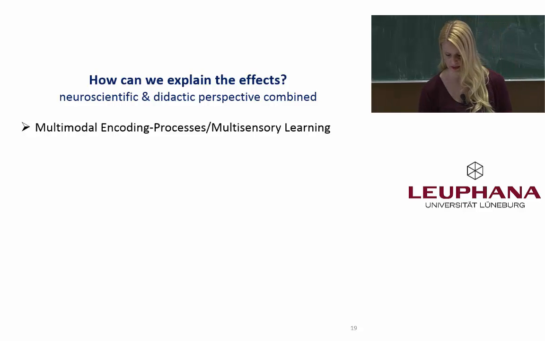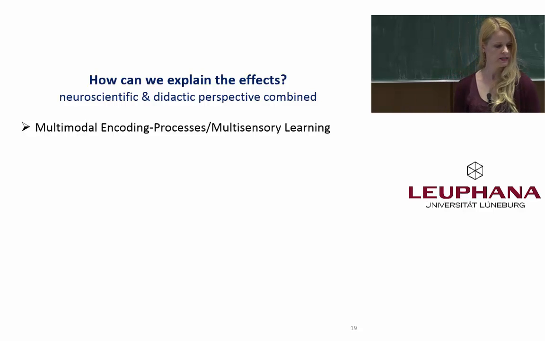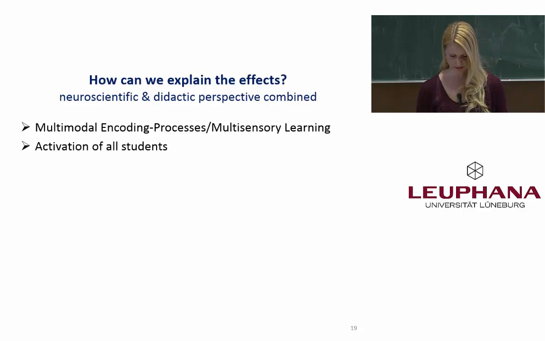Multisensory learning influences the way intake is processed in the brain as it activates additional brain centers and leads to the creation of more links than monosensory learning. Second, student activation. There is evidence for the claim that the effects only show when students do the movements on their own. Student activation is a key factor in this.